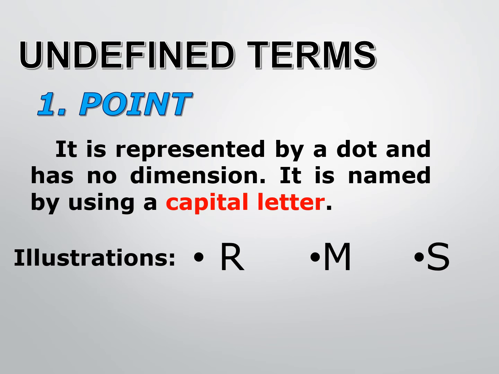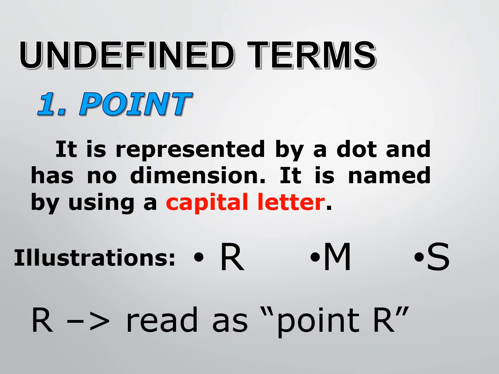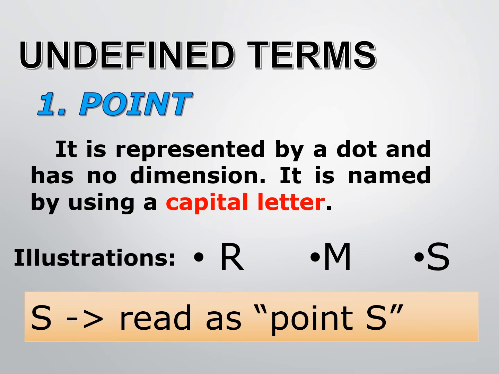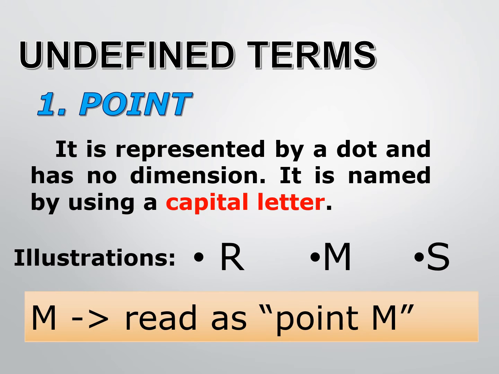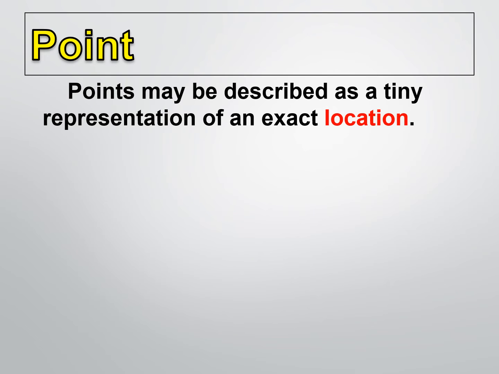These are named as or read as point R. The other one is point S. The next one is point M. Points may be described as a tiny representation of an exact location. We have here the tip of the pencil.